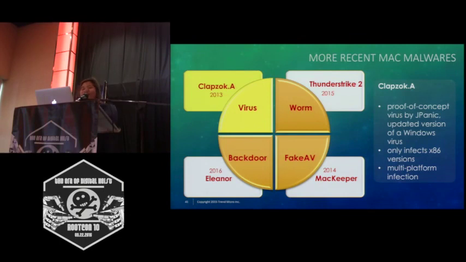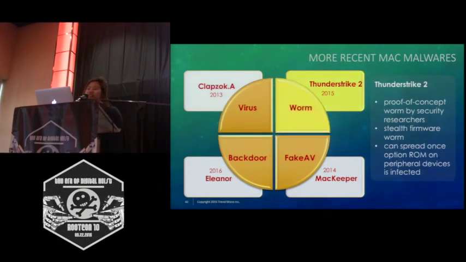Okay, so for the more recent malwares, as you can see, the years here are very recent. Three out of the four malwares here are just from 2014 to 2016, so that's just 2 years ago. For more recent virus, this is the Kapzok.a.